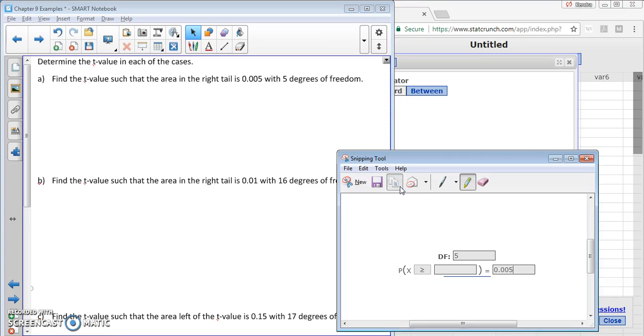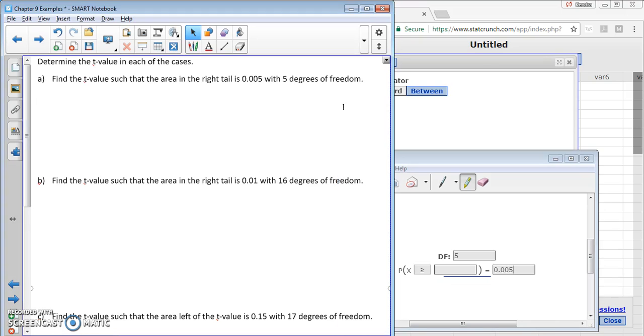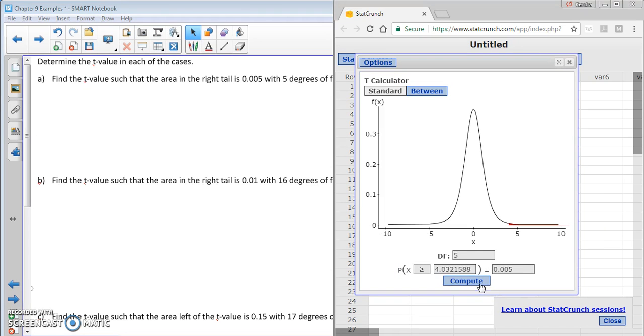Copy, paste. So we're going to have that there, and we're going to hit compute, and that'll give us the t value there.